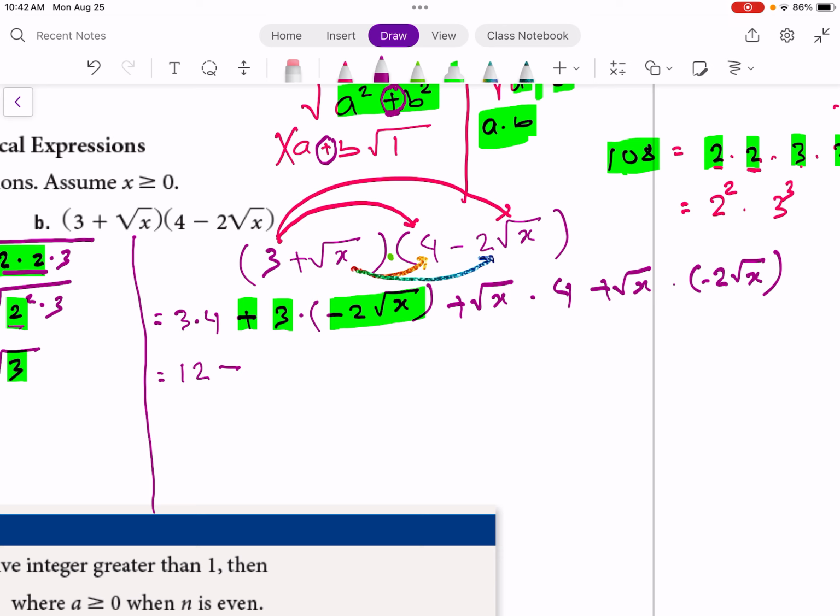Does this 3 have a radical sign or radical expression? It does not, right? So this is a whole number, so you multiply this whole number 3 and this whole number 2. So 3 times 2 we have 6 and square root of x as it is. You can just think of square root of x as like a. So if it was a, then 3 times negative 2a is negative 6a, right?